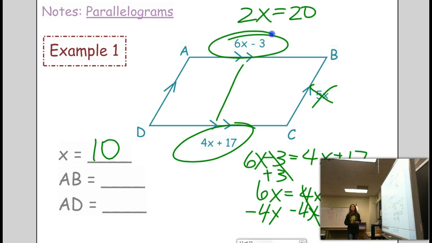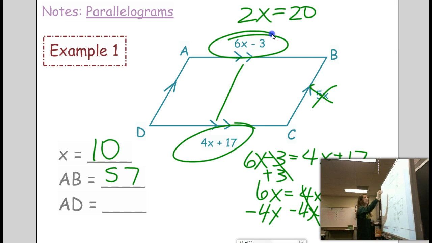Awesome. What's AB? 57. All right. 60 minus 3 is 57. How long is AD?